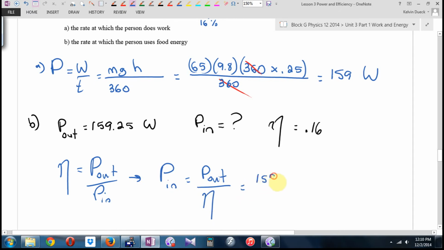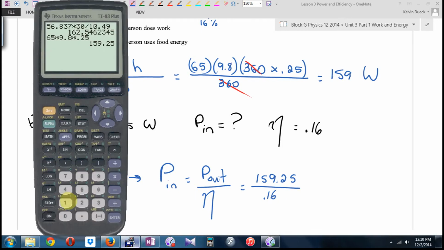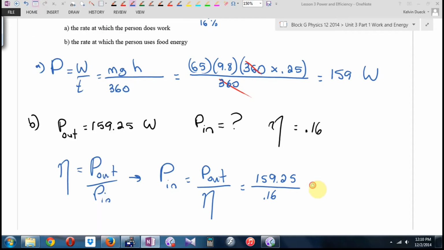It's going to be 159.25 divided by 0.16. And I get 995.